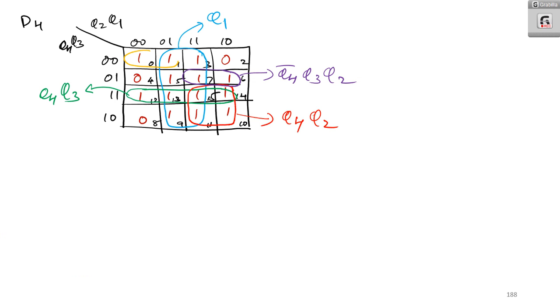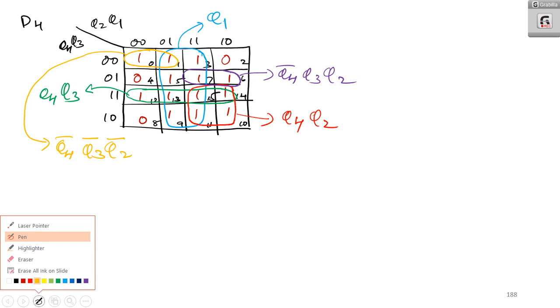So what is the expression for that? Here Q4 bar Q3 bar is common, along with Q2 bar.